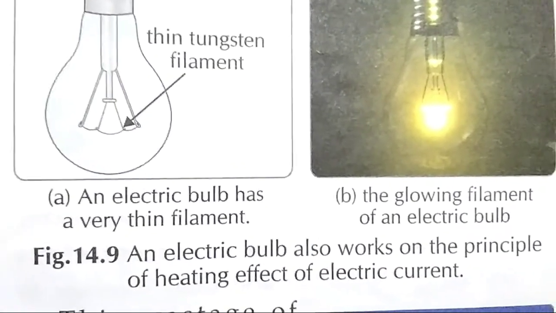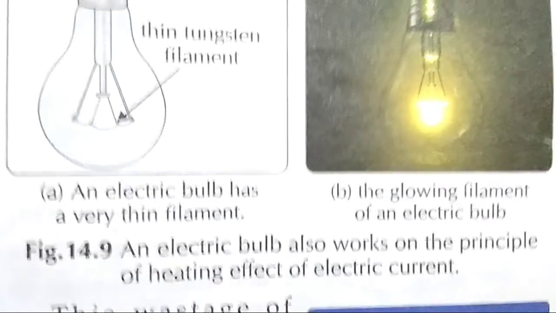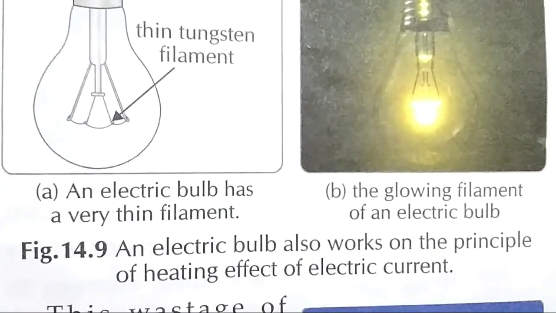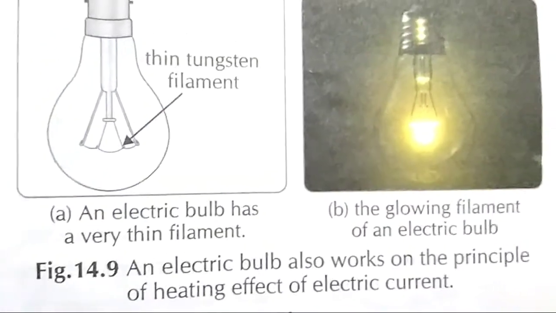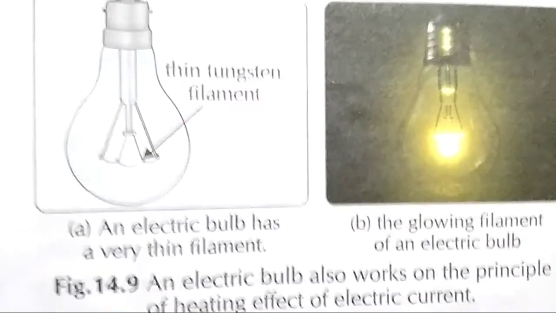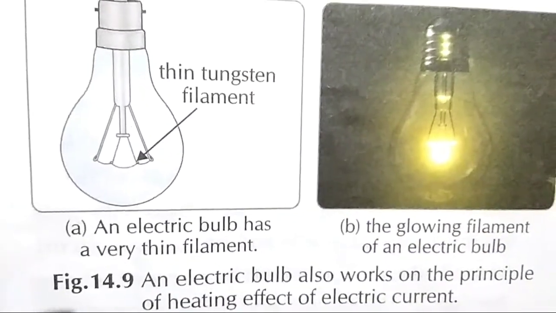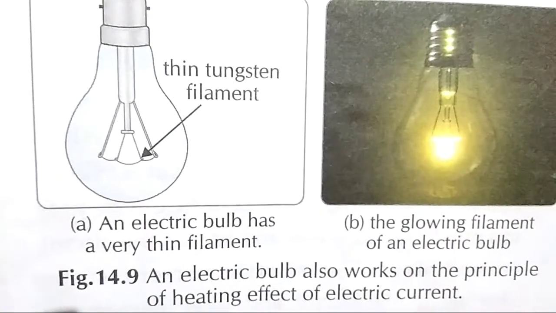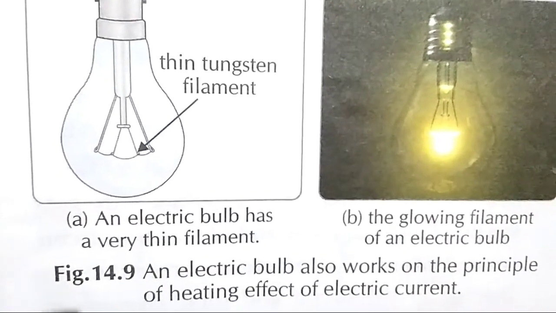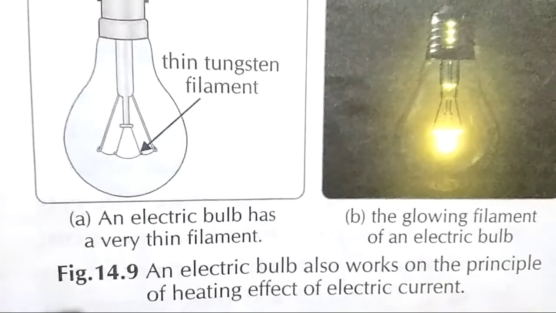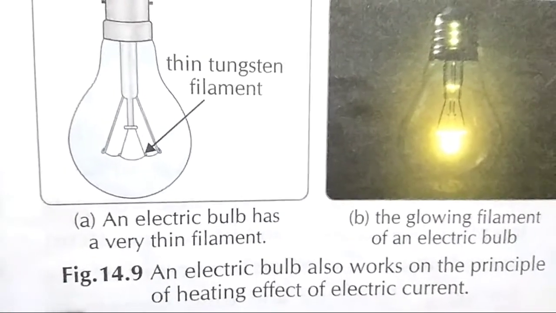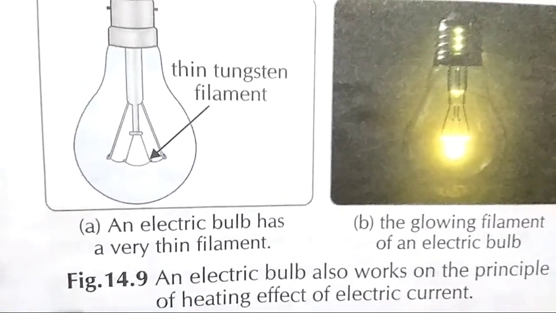But here it is a drawback that this heat is actually a wastage of electricity. So nowadays we are using CFL and LEDs because they prevent heat loss. They prevent electricity loss, so they are very useful.